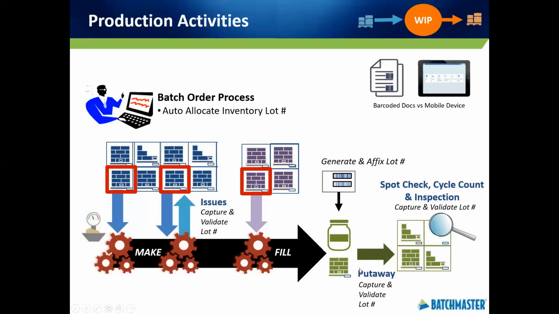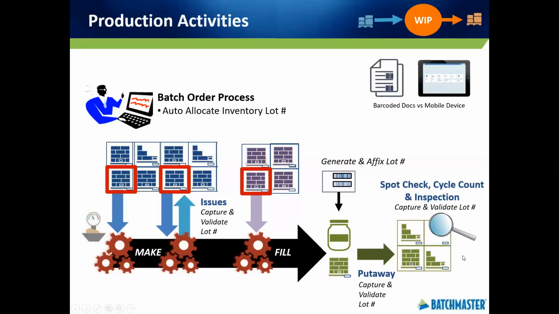And we will then issue a number of put away tasks, and that could be on a barcoded document. And it will also be available to execute on the mobile device. And we'll capture and validate that lot number information as we pick it up and put it away into the designated storage locations.